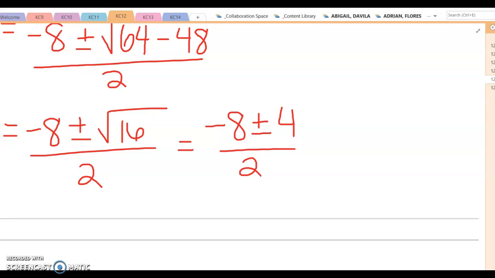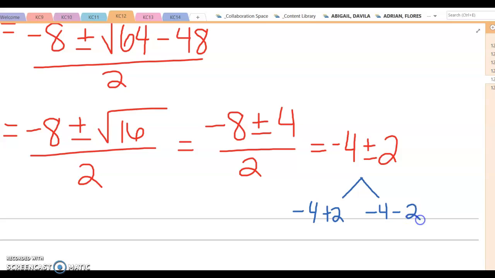Another thing we can do before you do that is both things you can actually divide by 2. So -8 divided by 2 is -4, and then 4 divided by 2 is 2. So this is where we can break it up. So we do -4 plus 2, and then -4 minus 2, because we have that plus or minus, right?